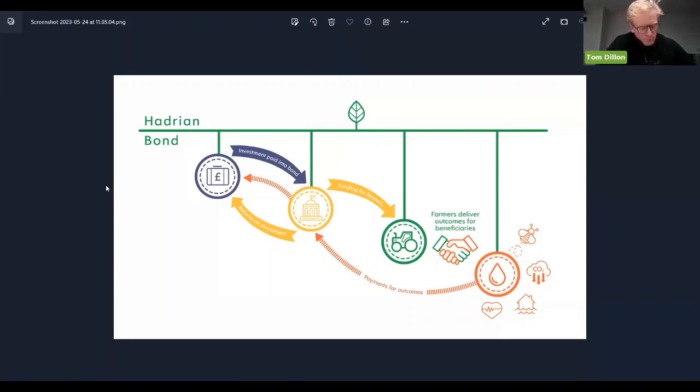So the idea back in 2019 was that this would be a kind of impact bond approach, and we would employ farmers as contractors to deliver the outcomes which would benefit various beneficiaries, be it locally or nationally. And then the bond would be repaid as we measure and monitor over time.